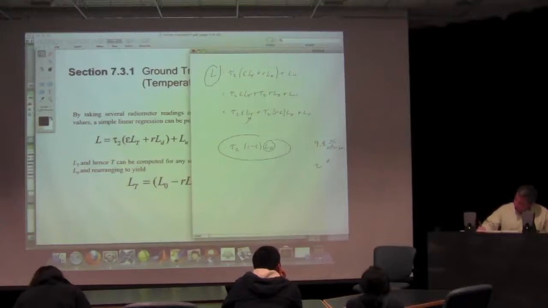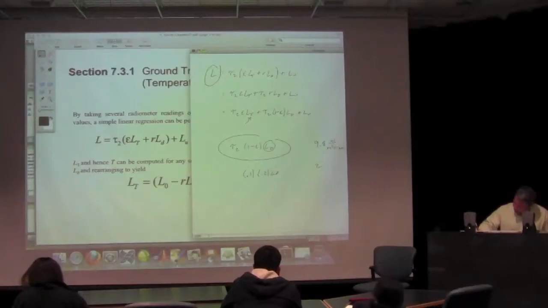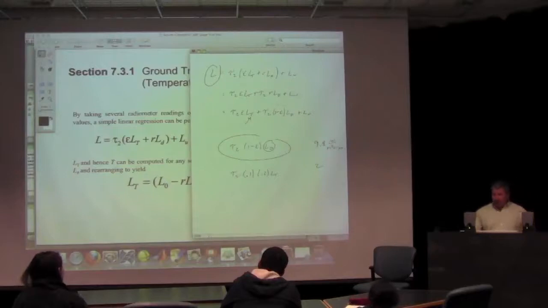So if I look at this equation here, if my emissivity is 0.9, so fairly high, that value becomes 0.1, reflectivity. And LD is about 20% of the LT, the radiance leaving the target. So 0.2 times LT. And then the transmission up to the target itself, tau 2, is going to remain constant.